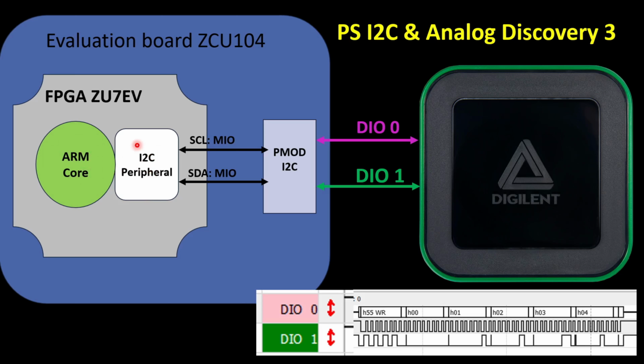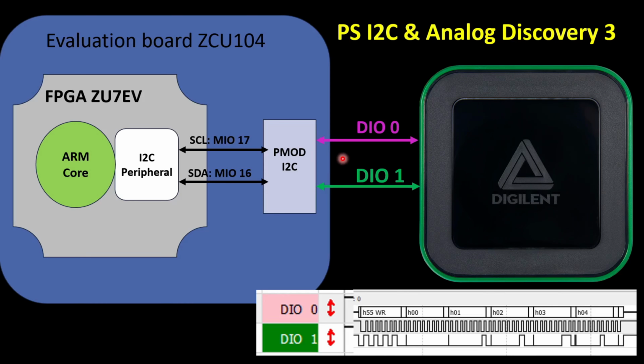So we can configure that I2C in the Vivado environment, and later on, with the help of Vitis, we run our application on the ARM core, and it will start to drive the I2C peripheral that we have here. The I2C peripheral in the heart of our FPGA is connected to the PMOD I2C by two MIO pins, MIO17 and MIO16.